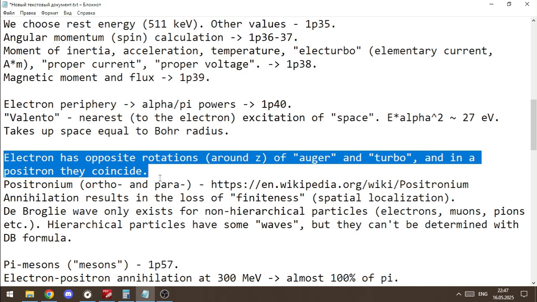Charge is not distributed within the structure, but is an integral characteristic. Basically, you can only talk about electric charge from far away. When you look at the electron from far away and you can no longer distinguish these parts, when it looks like a dot, then it has electric charge.